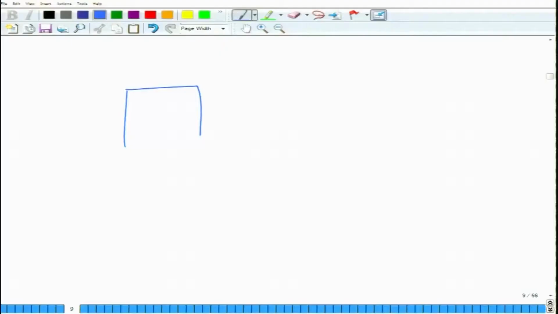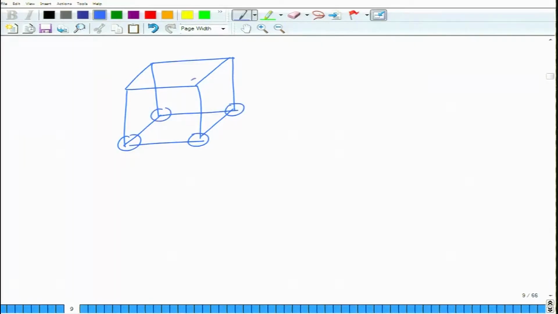So, you cannot distinguish which is copper, which is nickel. So, copper-nickel, for example, is like this. Copper is FCC, right?